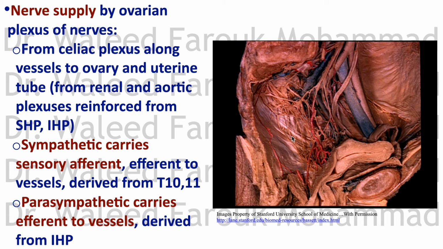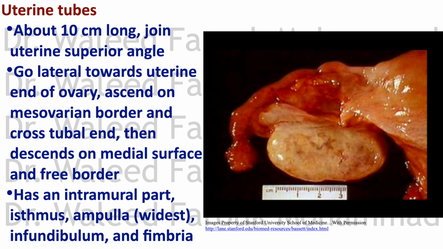We learned that the parasympathetic climbs on the inferior hypogastric plexus, the presacral nerves, and the superior hypogastric plexus, and then the aortic plexus, and then descends with the inferior mesenteric plexus. This is the same idea here. The parasympathetics climb to the inferior hypogastric plexus and then supply the ovaries and tubes.